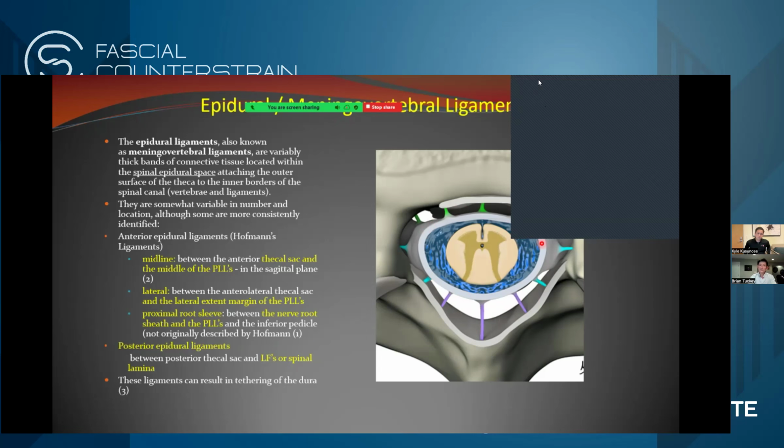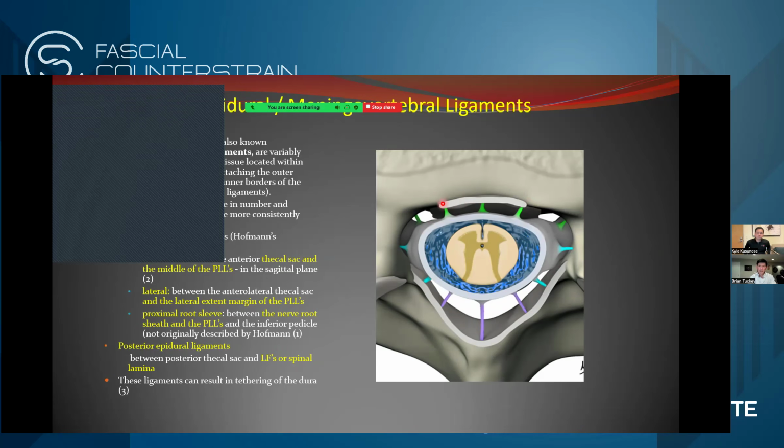Well, it turns out that this ligament right here, this is your PLL. So when the PLL is contracted and inflamed, it actually pulls on the dura. So when that is dysfunctional and shifted forward and extended, you get dural irritation.